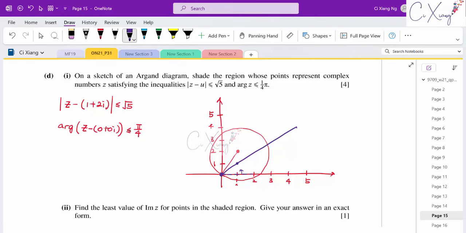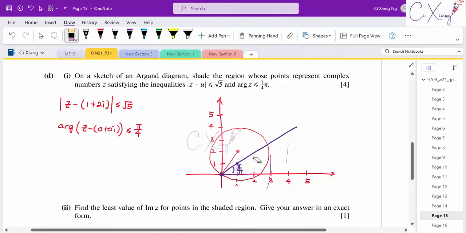So smaller than pi over 4 means it will be the area below the line. Because this line is the 45 degrees of pi over 4, smaller than pi over 4 means all the area below this line.